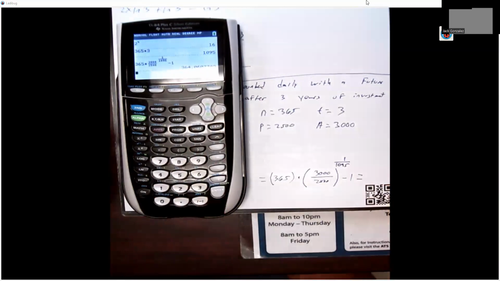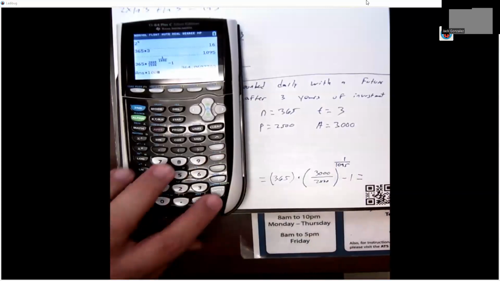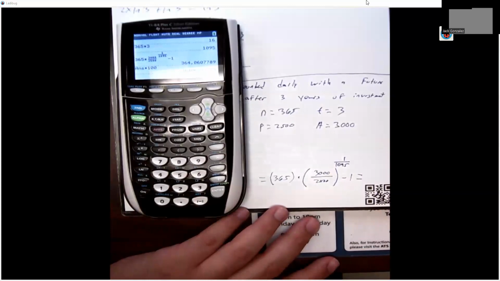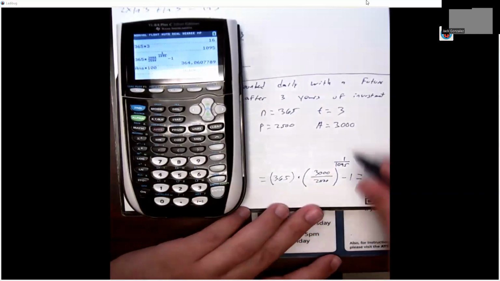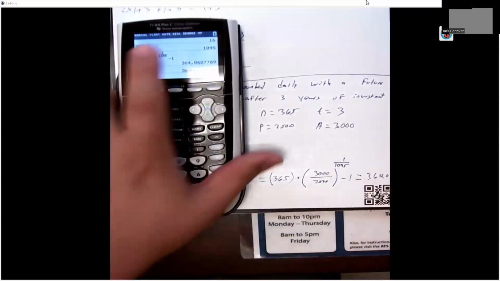So the rate is huge. But that's the decimal. It would be 364.06.